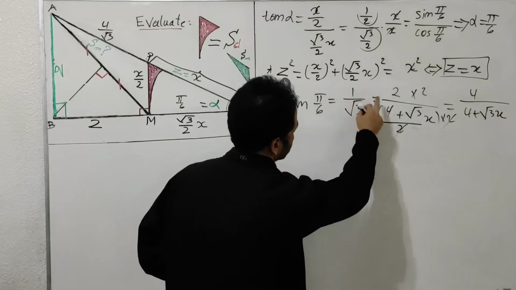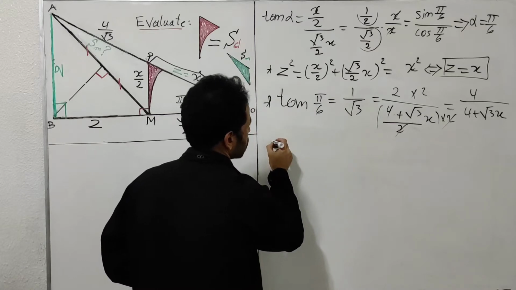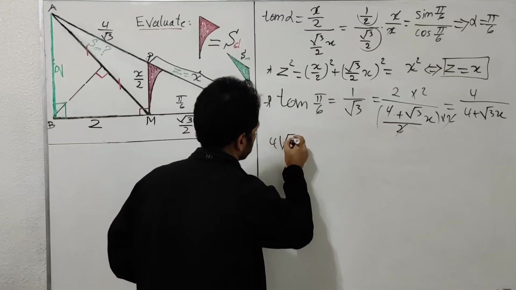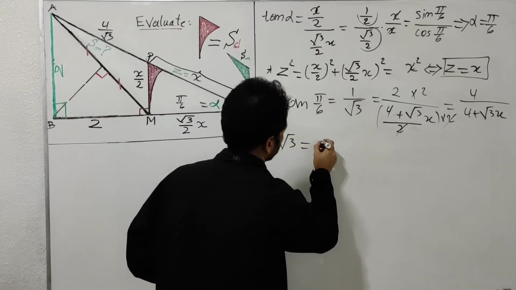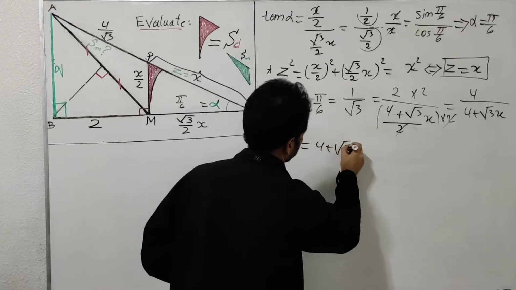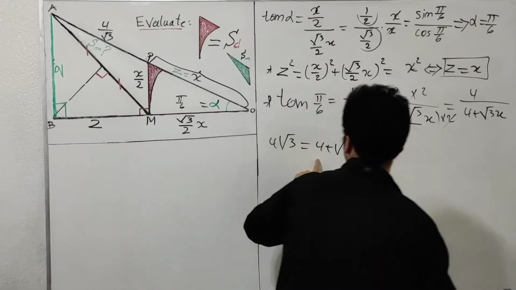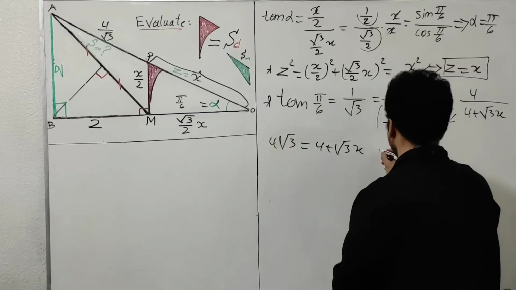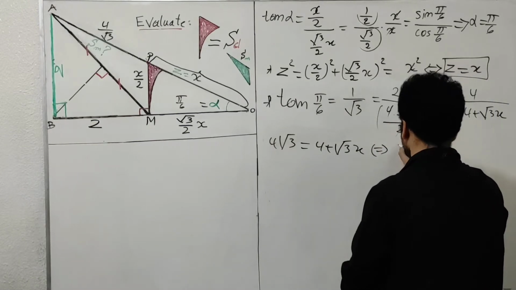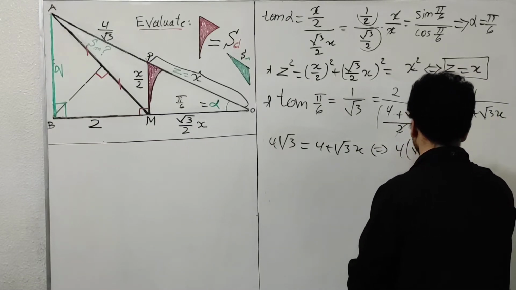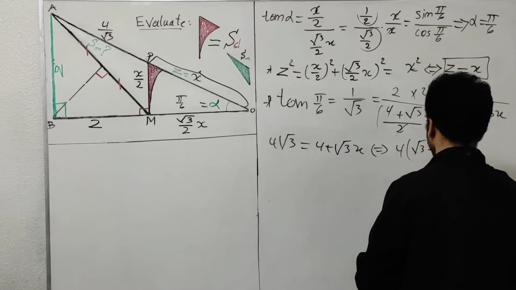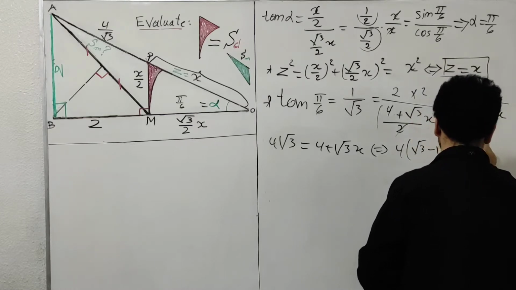Okay, I'm going to multiply side by side. I will get 4 multiplied by square root of 3 equal to 4 plus square root of 3 x. By taking this 4 to the left hand side of this equation, I will get 4 multiplied by (square root of 3 minus 1) equal to square root of 3 x.